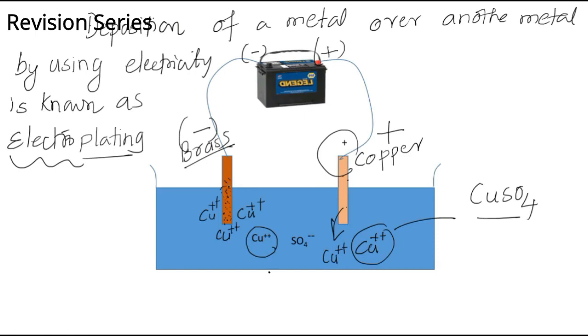Point to be noted: the metal on which you want deposition of another metal is supposed to be connected to the negative terminal of the battery. Remember, because the metal ions are moving towards the metal rod which is connected to the negative terminal.